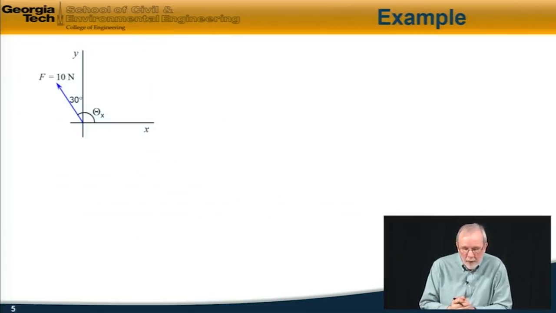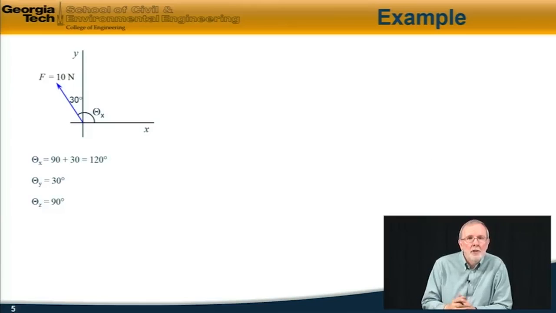A simple example, we have a 2-dimensional vector here. The vector is of magnitude 10 newtons and is in the direction as shown. So in this case, the angle theta x, as shown, is equal to 120 degrees. Theta y, the angle to the y-axis, is 30 degrees. And theta z, the angle to the z-axis, is 90 degrees.